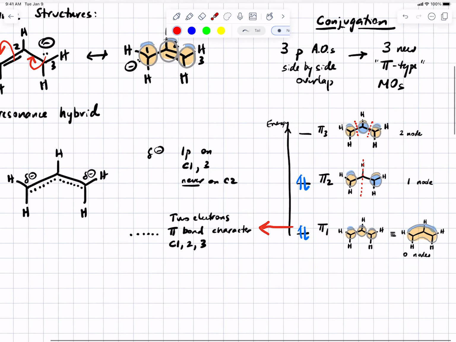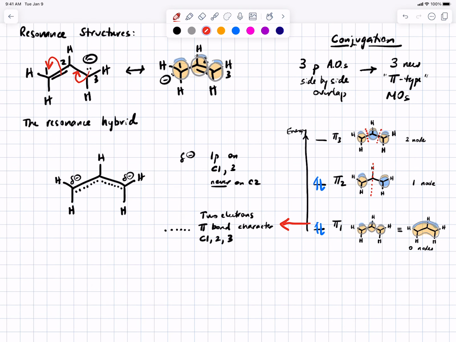Similarly, pi 2 corresponds to the lone pair that's only ever on carbons 1 and 3, but never on carbon 2. See that correspondence? You may not care. When I first saw that, I was like, whoa, that's cool. But that is why I'm an organic chemistry professor as a job, because I like that kind of thing.